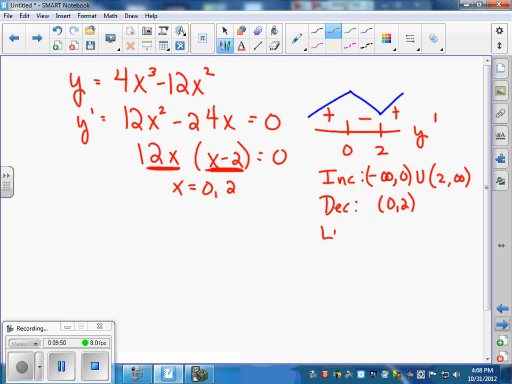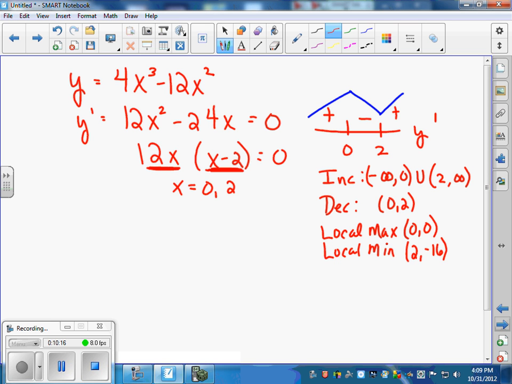So we have a local max at 0. Put 0 back into the original, you're going to get 0. And then a local min at 2. And if I put 2 into the original, you should get negative 16.